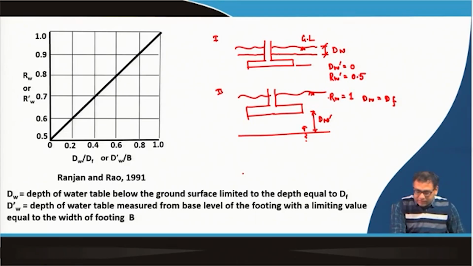If I consider Dw dash equal to 0, the correction factor is 0.5, and 1 corresponds to a correction factor of 1. So in the first case Rw dash is 0.5 and we have to determine Rw, and in the second case Rw is 1 and we have to determine Rw dash.